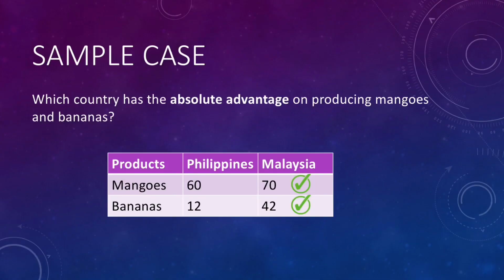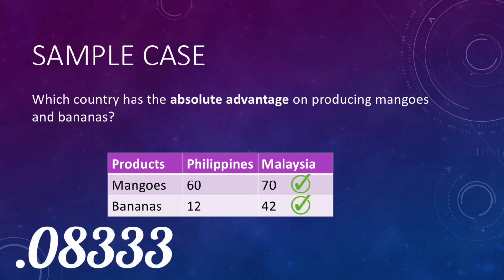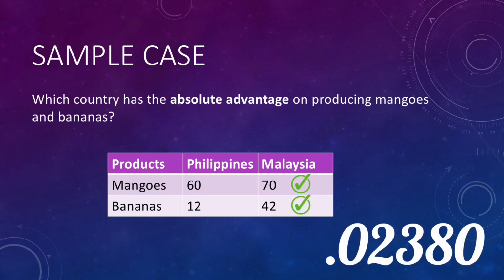For bananas, the Philippines can produce 12 per hour, while Malaysia can produce 42 per hour. That would translate to 0.083 hours per banana in the Philippines, but only 0.024 hours per banana in Malaysia.